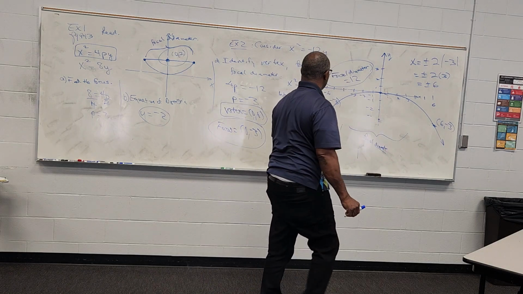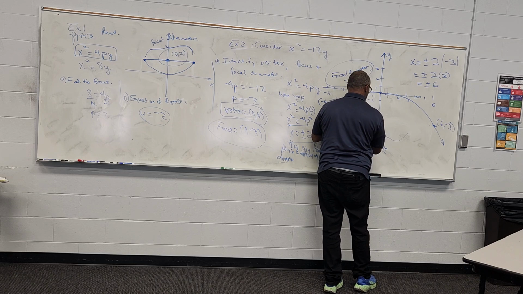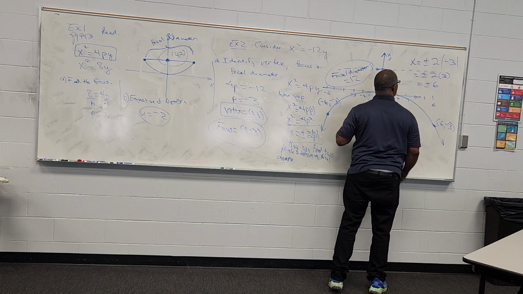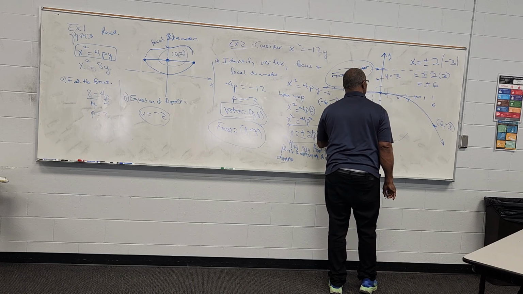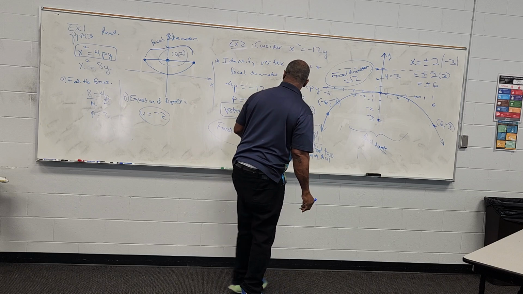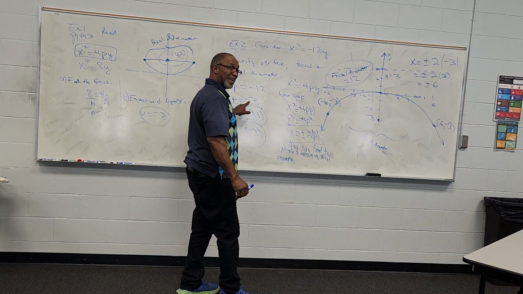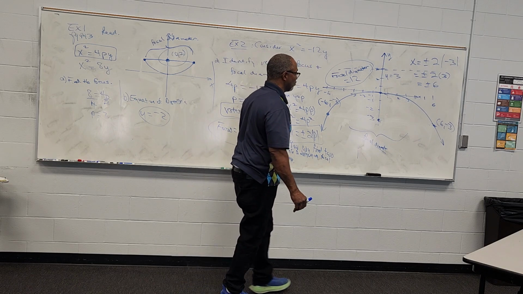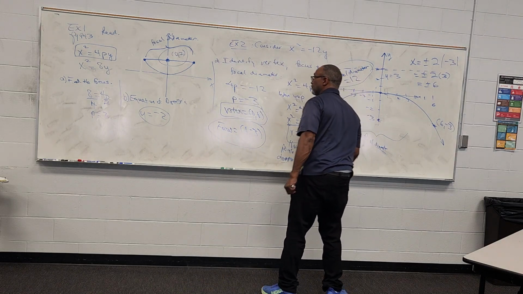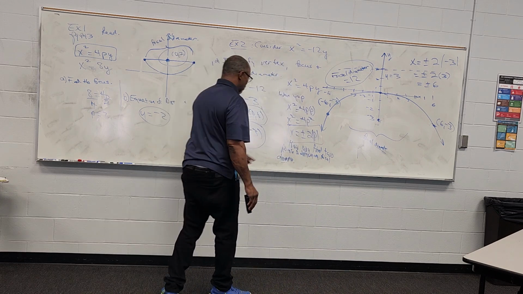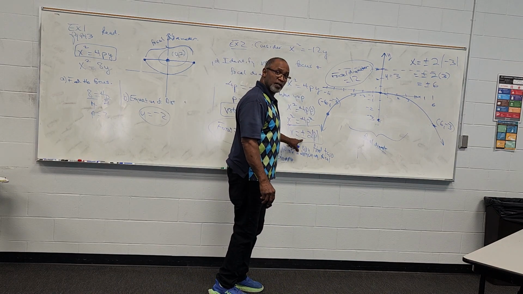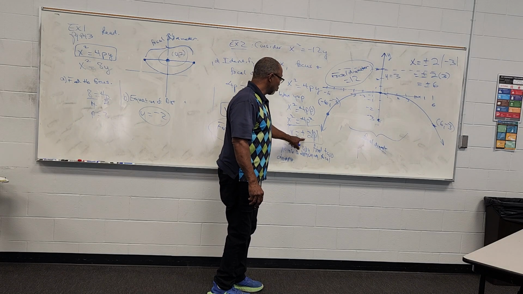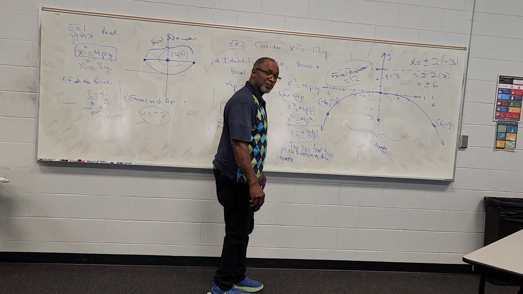And if you wanted the directrix, the focus was at 0, negative 3, so the directrix would be at y equals 3. Remember, y is negative p. P was negative 3, so negative p makes a positive 3. So there's the graph of that. Again, this is how we find those two points that help us find our focal diameter. X will be plus or minus 2 times the absolute value of p.